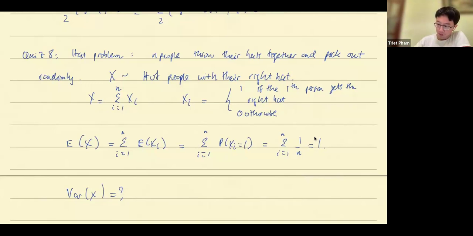All right, how do we do this problem? Here, we need to use the sum formula for the variance.